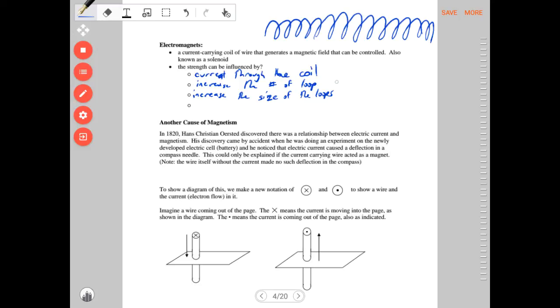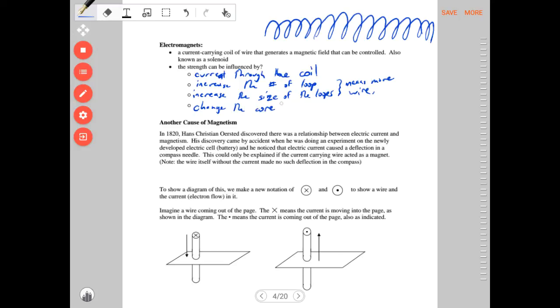Now, just for interest's sake, both of these increase the length of wire, which means more wire.